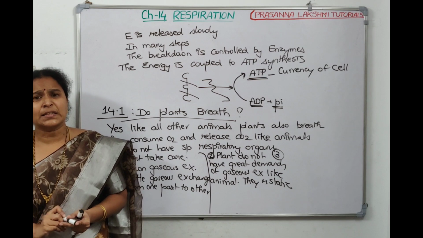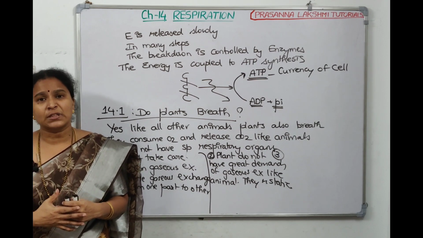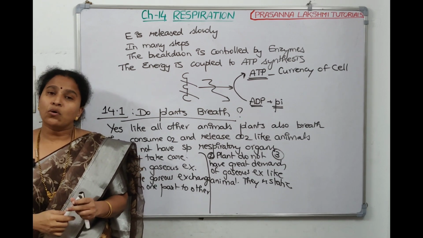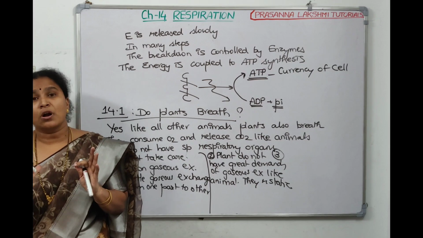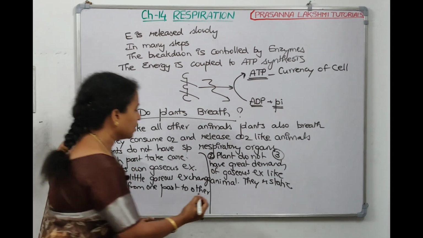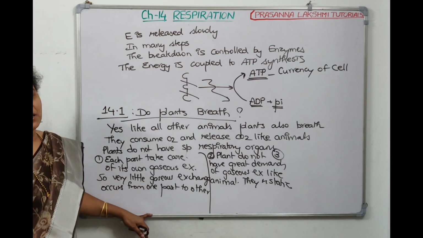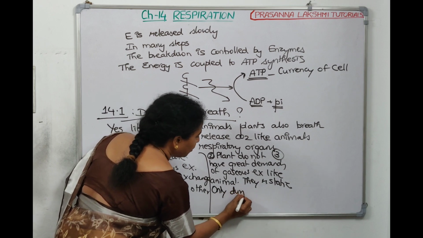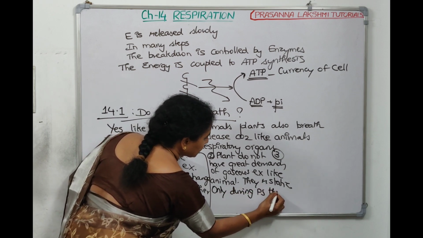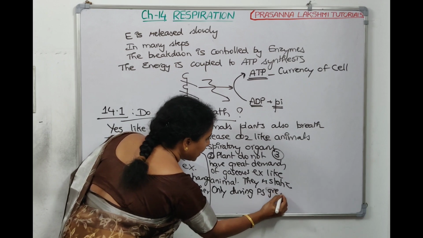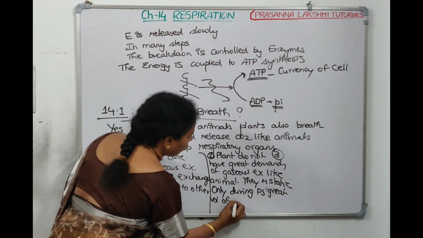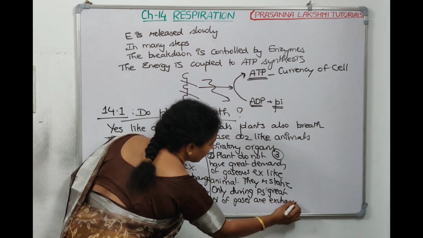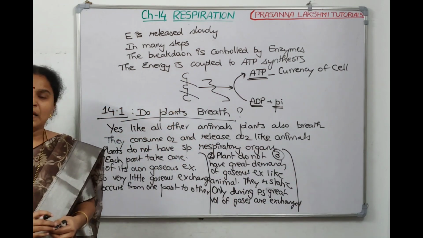Only during photosynthesis do they do more gaseous exchange. In photosynthesis, they take carbon dioxide in, they release oxygen out. So only during photosynthesis are great volumes of gases exchanged.